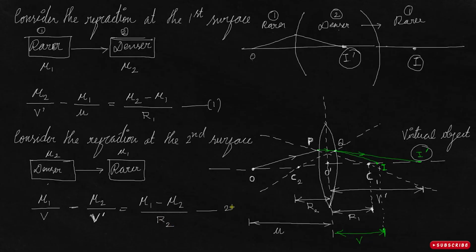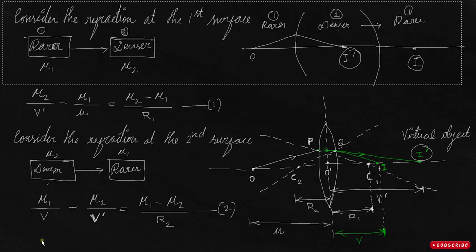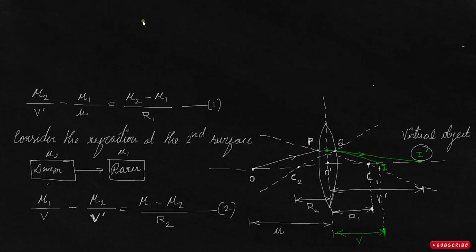Clear? Now, is that clear? Now we can add these two equations, equation 1 and 2. So when you add equation 1 plus 2, first add the left hand side.